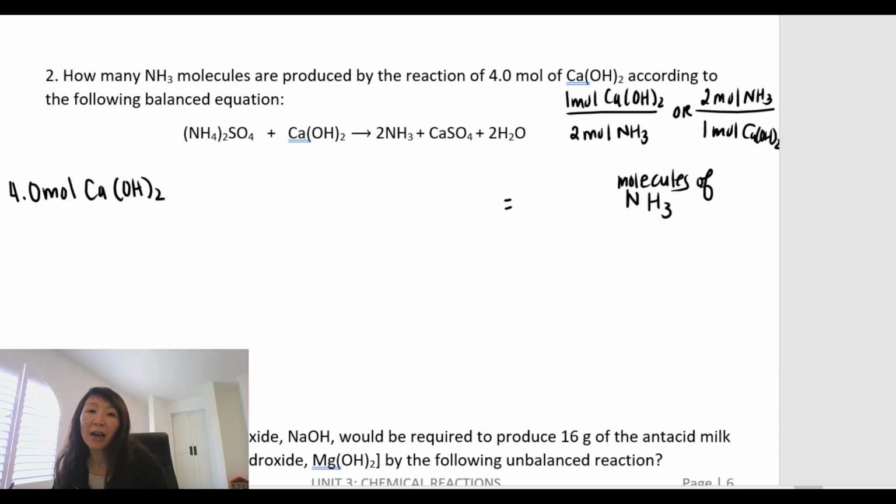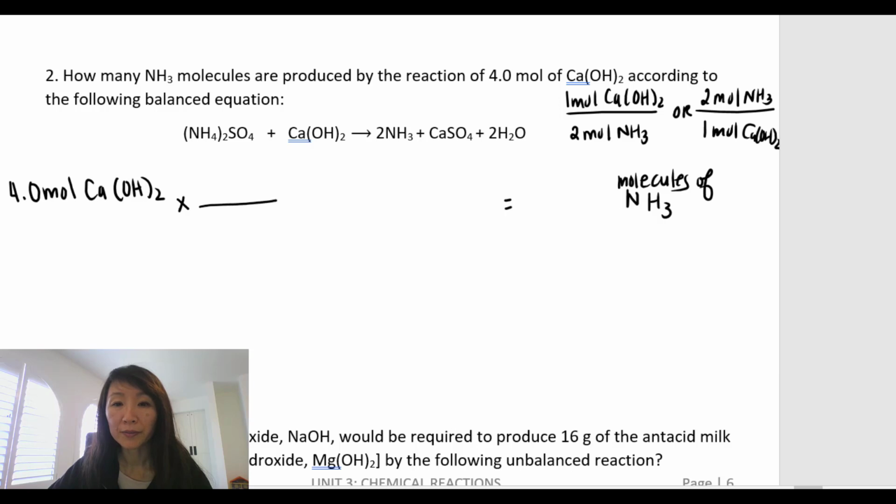Now that we have the mole-to-mole ratio, let's dive in a little bit. Notice that it starts with the moles of calcium hydroxide. In order for me to cancel out the calcium hydroxide, which one am I going to take?